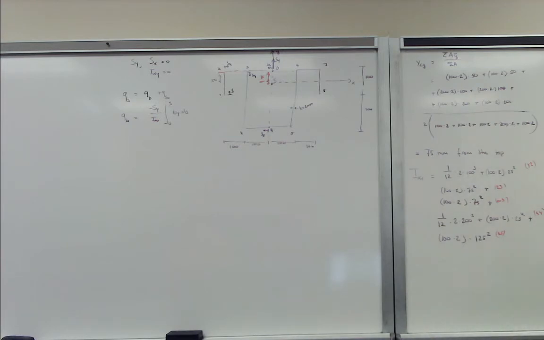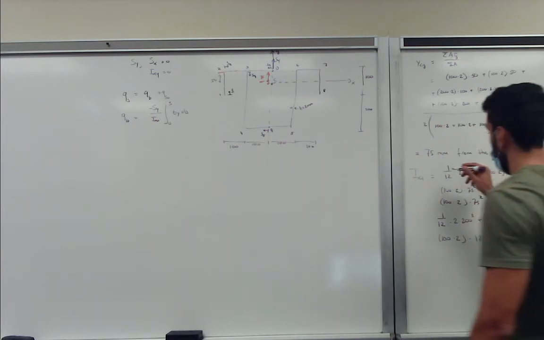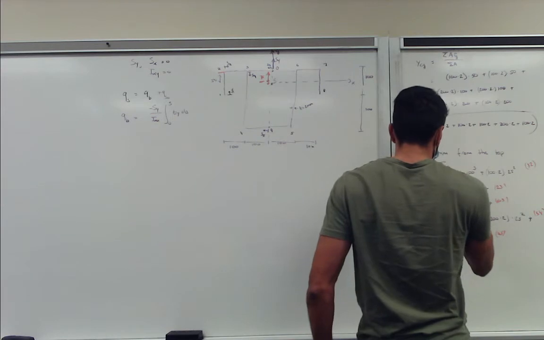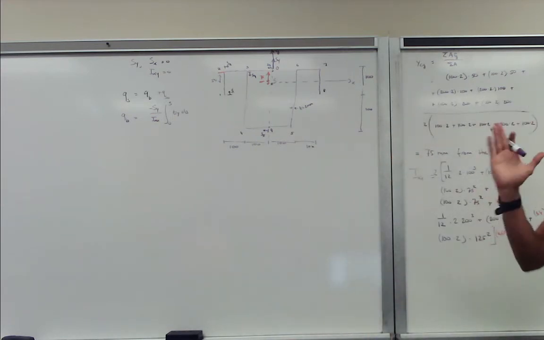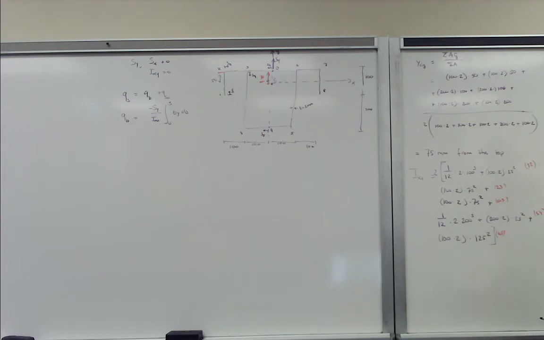And to be correct, we must multiply this by 2 because we use symmetry. So this is the moment of inertia, and these are all the standard AD squared terms. So you cannot forget these.